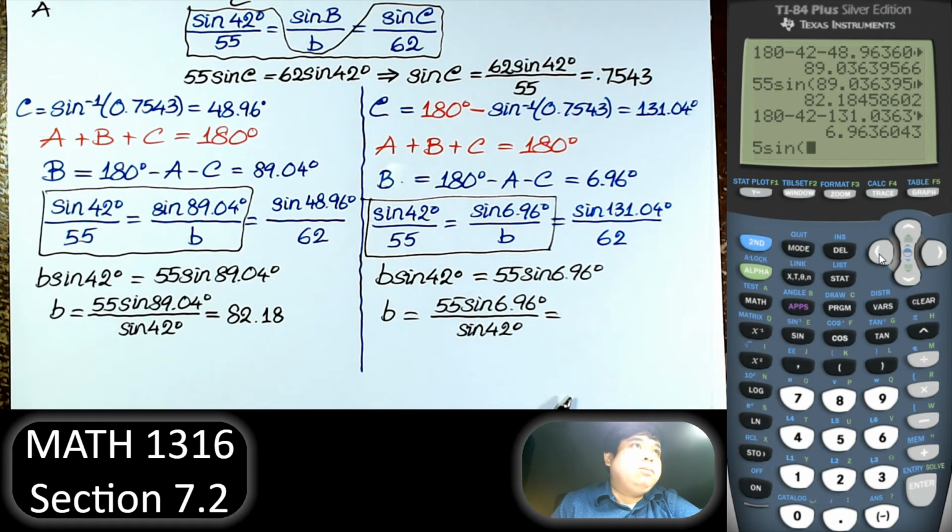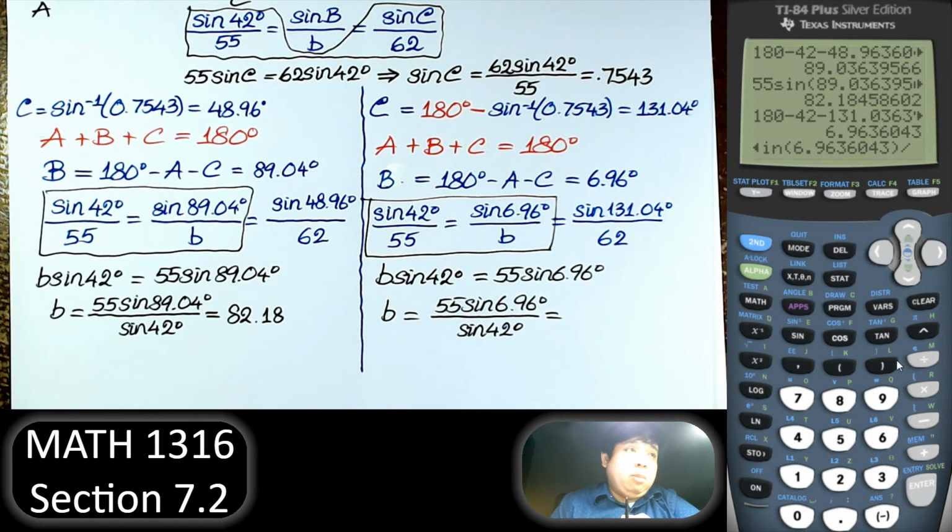55, it is in degree mode, yep. 55 sine of 6.96. I will use the whole numbers, that will be better.